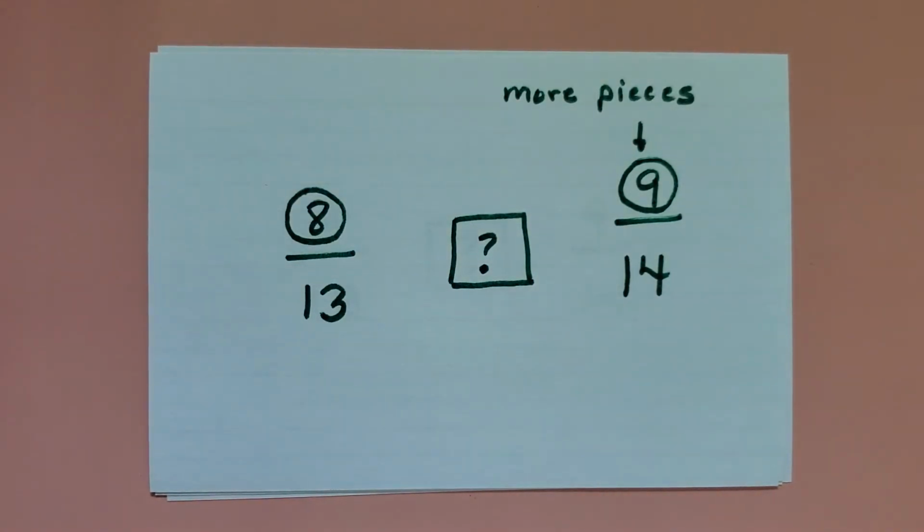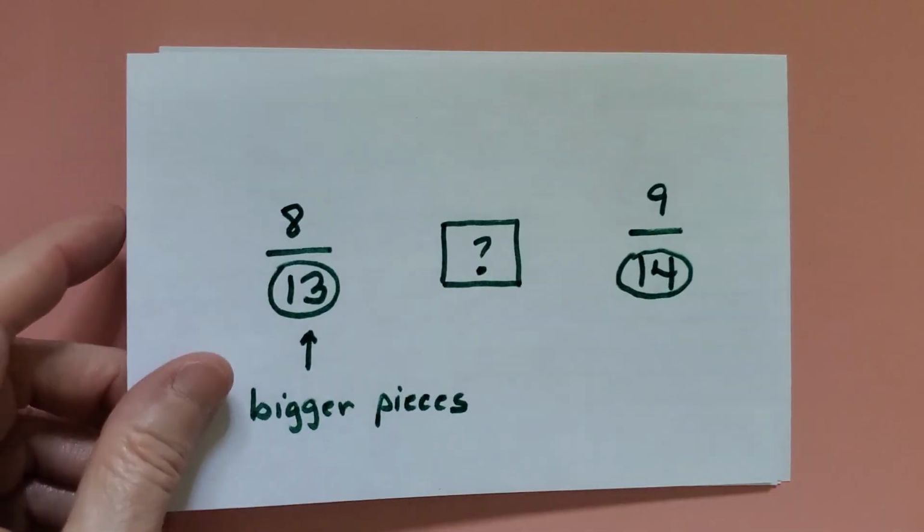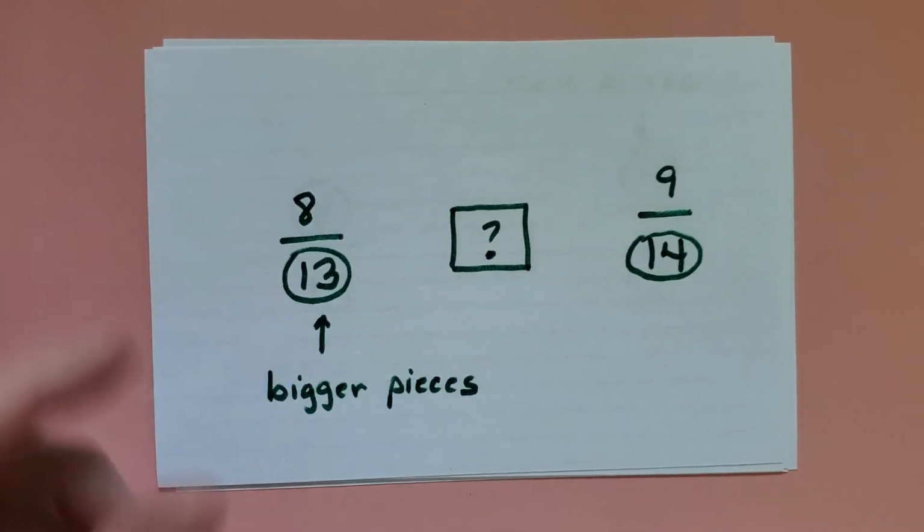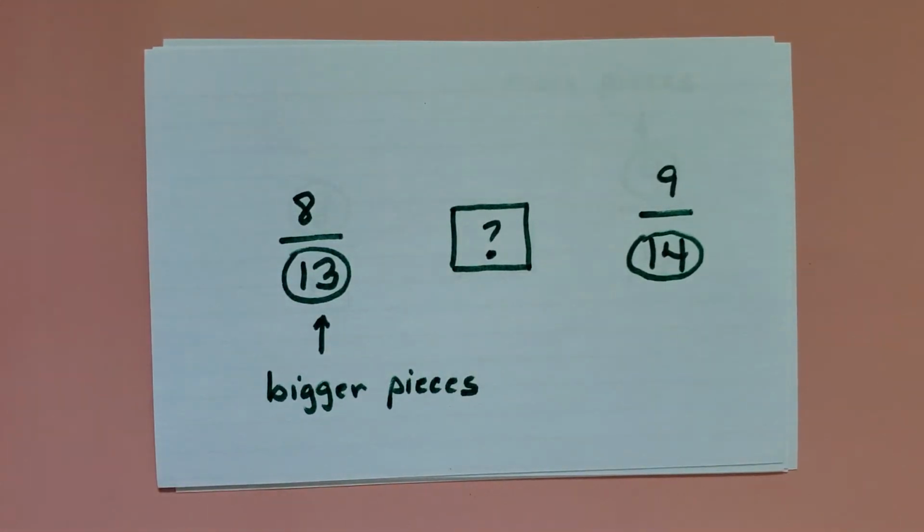Well, 8/13 has 8 pieces, 9/14 has 9 pieces, so the 9/14 has more pieces. Let's also look at the sizes of those pieces. The first fraction has 13ths, while the second fraction has 14ths. Well, 13ths are bigger pieces than 14ths.